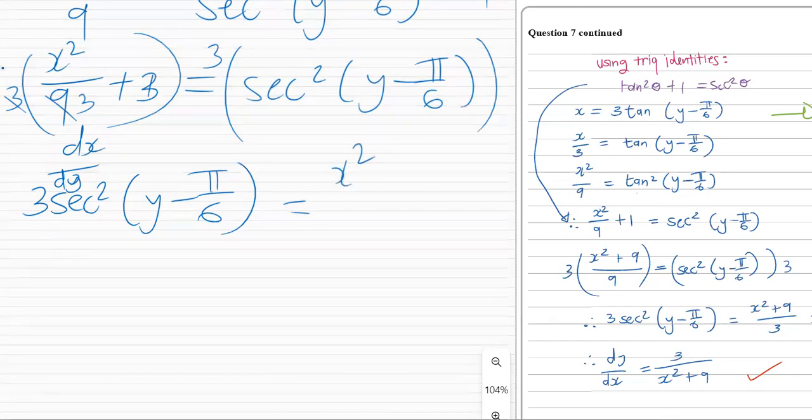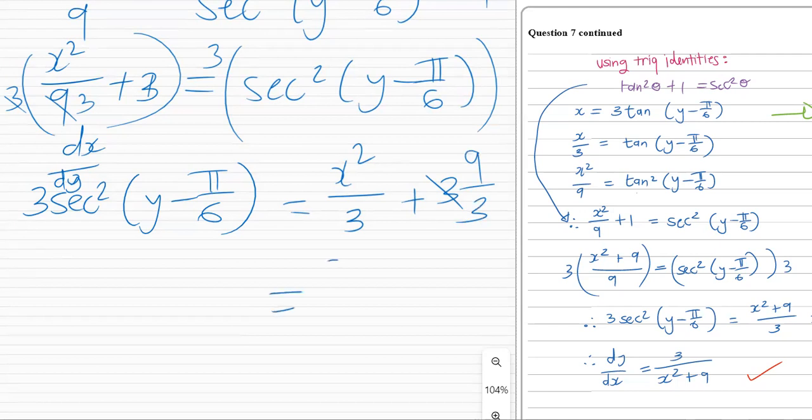Let's just do it in 2 steps. If you want 3 as the denominator, you have to times it by 3. So 9/3 is the same thing as 3.